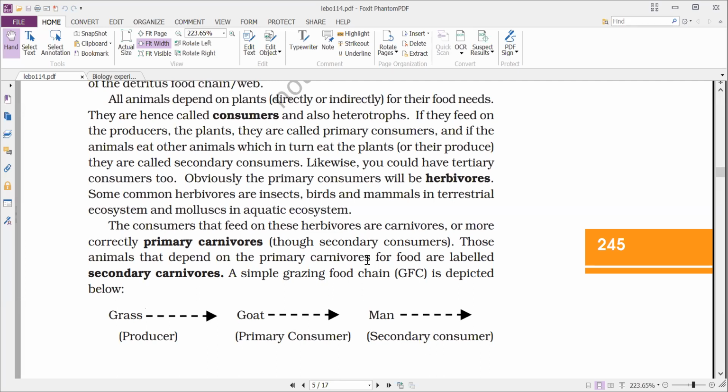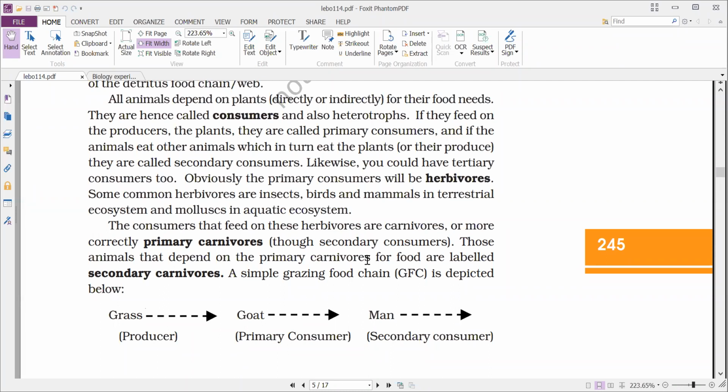The organisms which feed on herbivores, we are calling carnivores. Precisely we have to call them primary carnivores, which are also called secondary consumers.